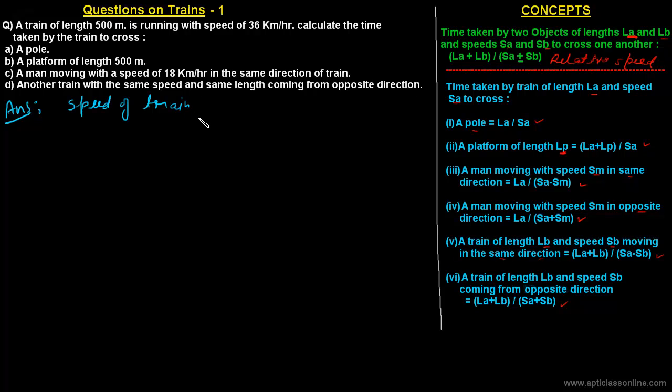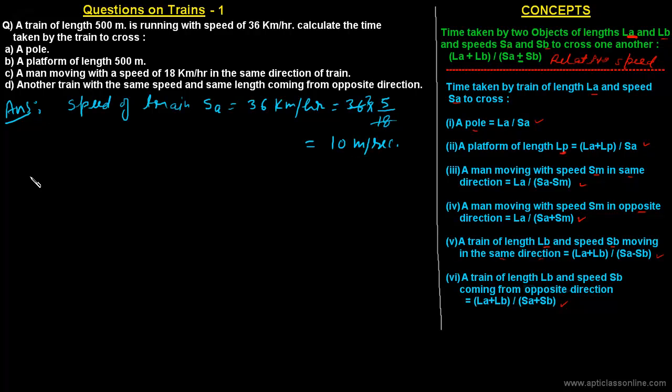Let's call it the first train, whatever, the speed is 36 kilometer an hour. We have to convert this 36 kilometer an hour to meter per second, so we will multiply it by 5 by 18. So 18 into 36 is basically 2 into 5, that is 10 meter per second.